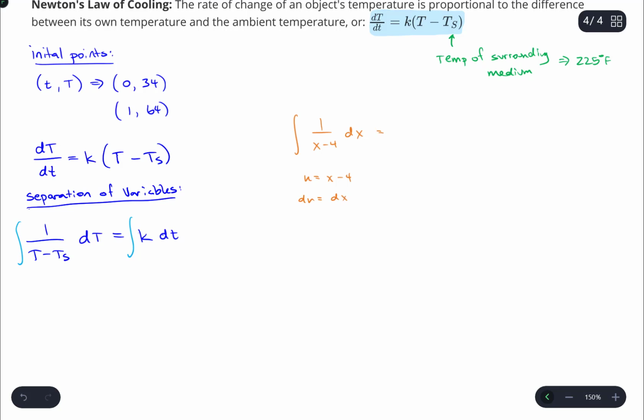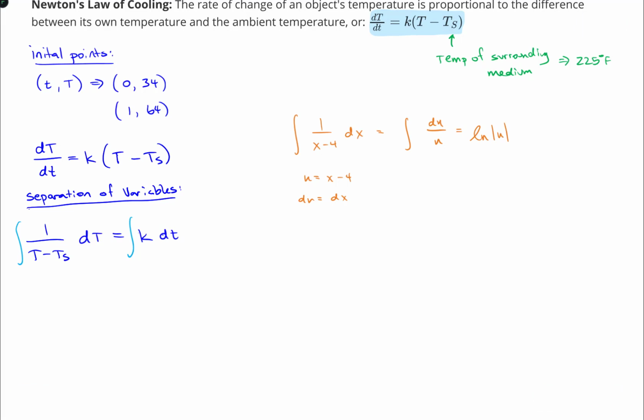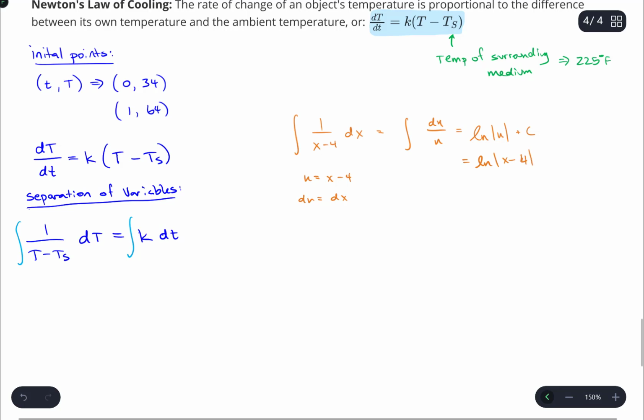So this would effectively become du divided by u, and then integrate with the natural logarithm, plus c, of course, and ultimately end up with the natural log of the absolute value of x minus 4.